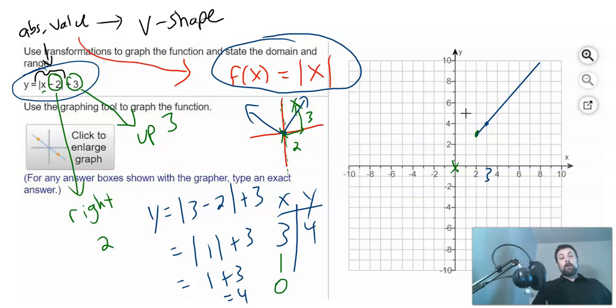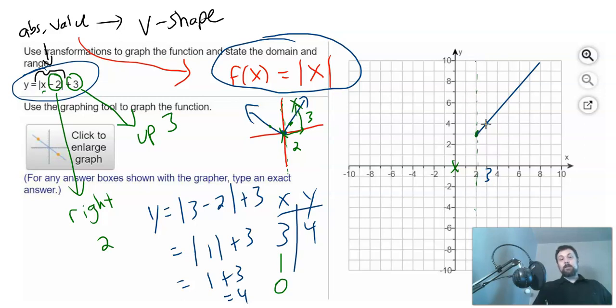And so for every point that you get on one side of the V shape, there is a mirror image point the same distance away on the exact opposite side of where the V turns. Now for the basic function, it turns on the y-axis. So the symmetry is about the y-axis, but we've moved it, right? So now the symmetry is about the line where x is equal to 2, right?